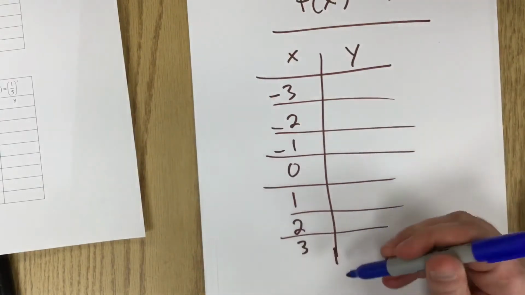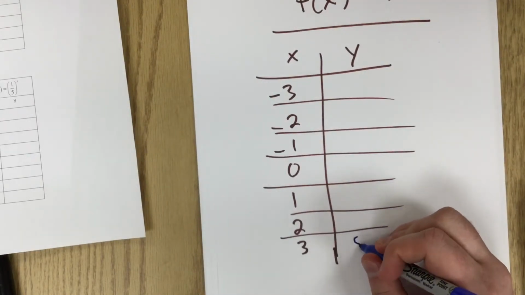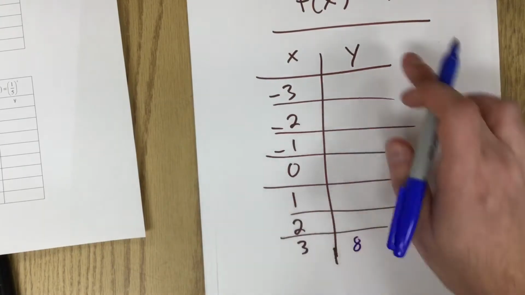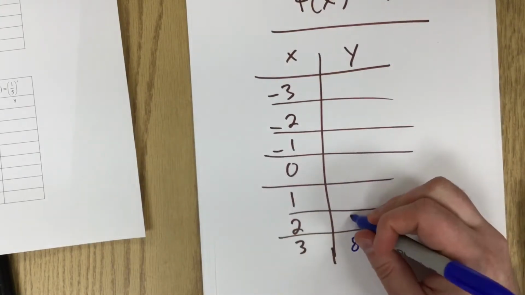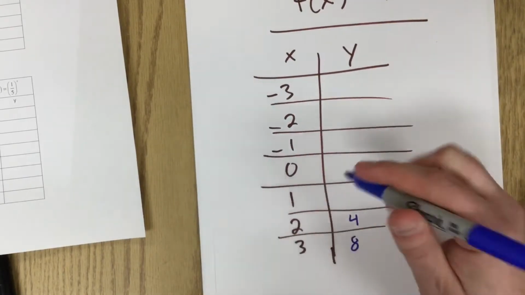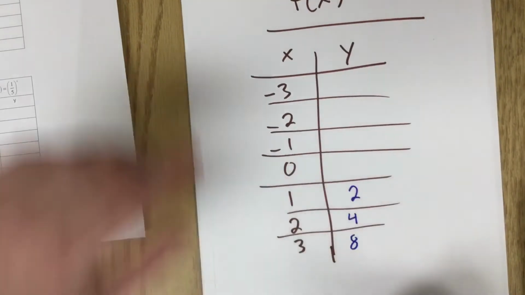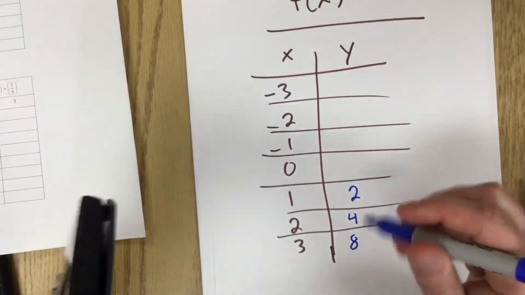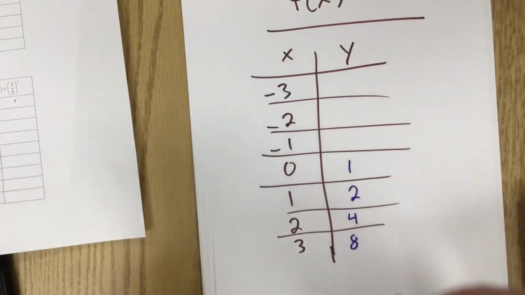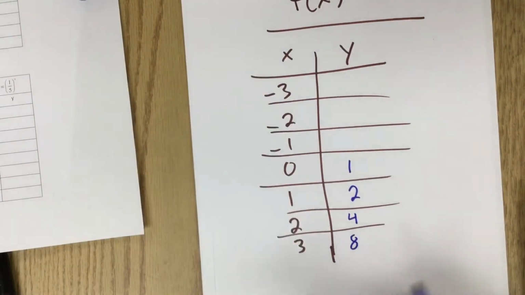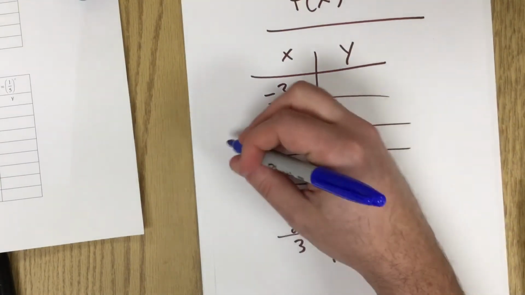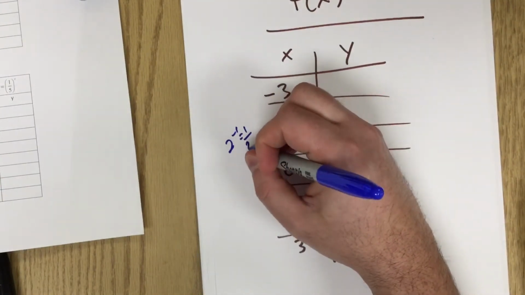So 2 to the 3 is 8. 2 to the 2 is 4. 2 to the 1 is 2. 2 to the 0, as you may or may not recall, is actually 1. 2 to the negative 1, when you have negatives, is the same thing as 1 over 2 to the 1.